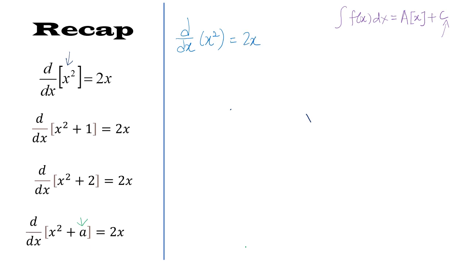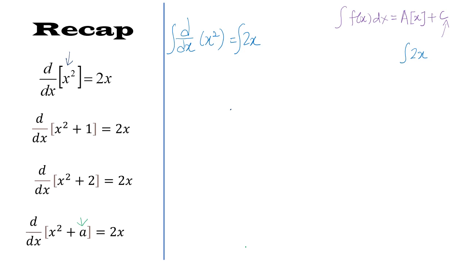Right, the next step is I'm going to add the integral sign to both sides. And we mentioned before that it does not make sense to just have the integral sign with the function 2x.